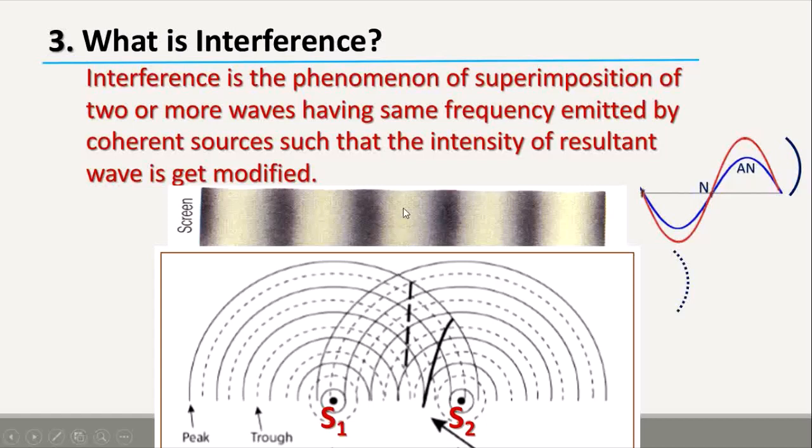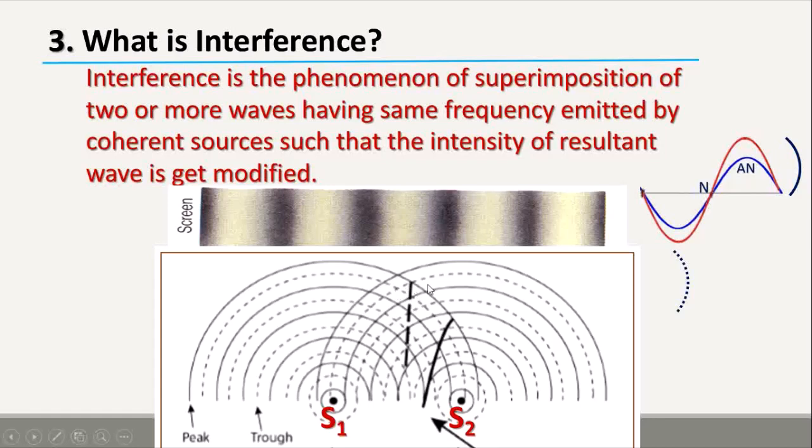The center of the screen is bright because the crest of one wave is falling on the crest of another wave. Here also a dashed line is falling on another dashed line, so a trough is falling on the trough of another wave. Here also you get maximum intensity.